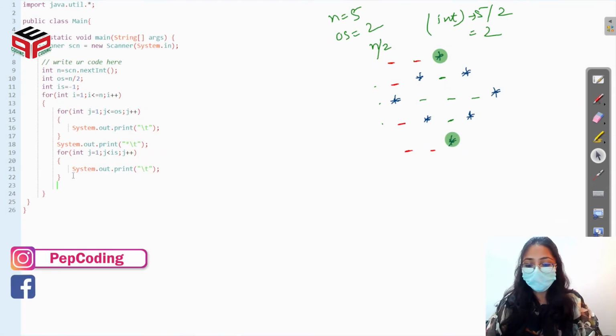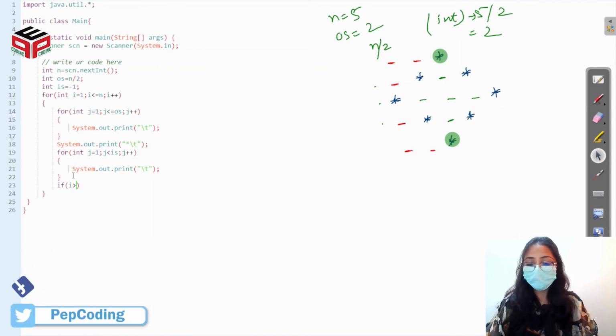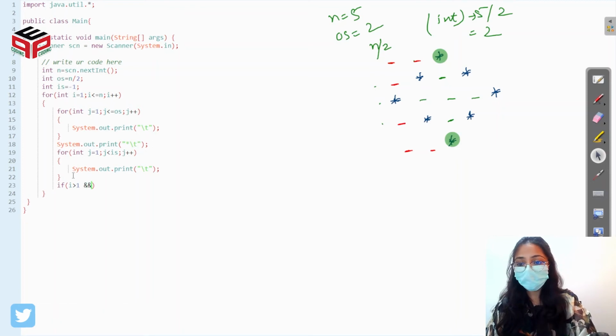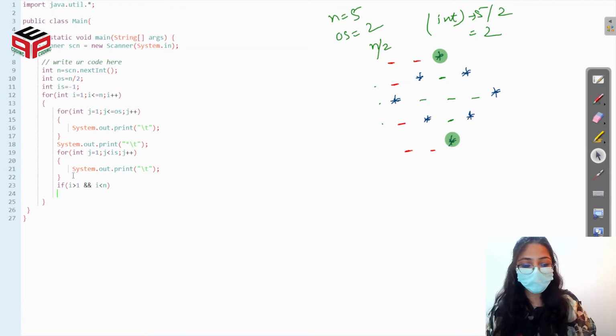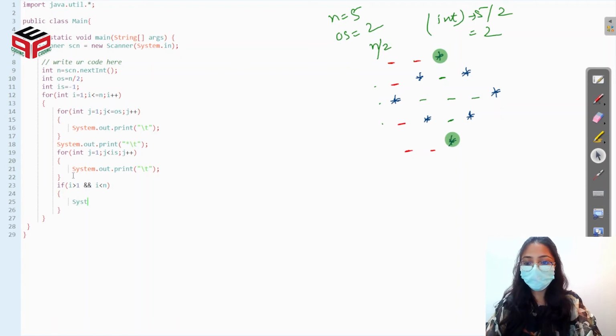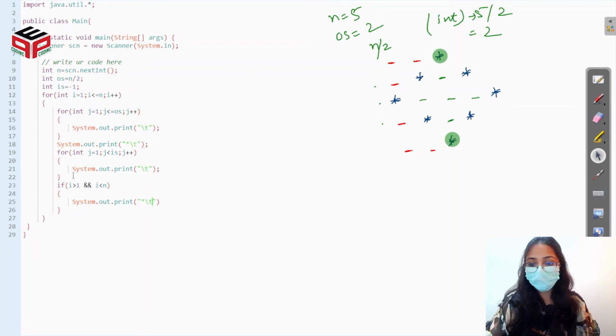So we are saying that if the value of i, that is row, is greater than 1 and it is less than the last row, that is n, in this case we'll print another star along with the tab.